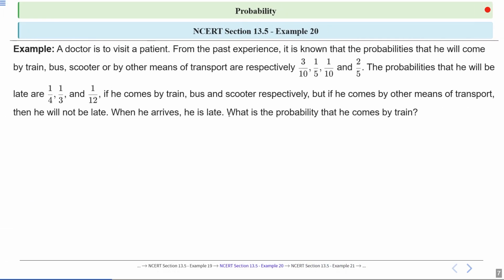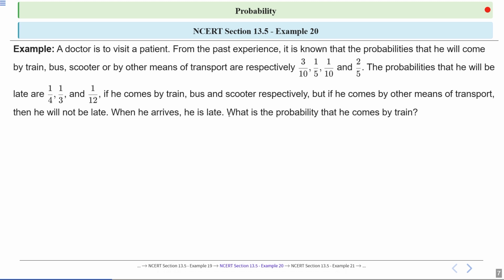In this example, we have a doctor who can arrive by train, bus, scooter, or other means. The probabilities for each are 3 by 10, 1 by 5, 1 by 10, and 2 by 5 respectively.